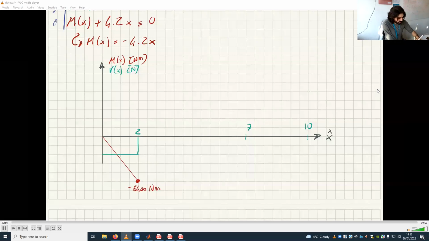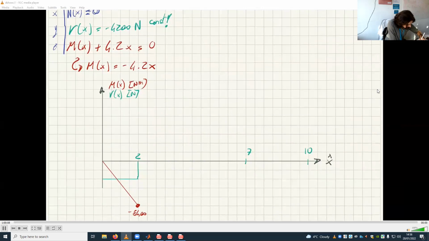We don't need to put it here because the units are already here. Okay, minus 8,400. And this one is, of course, minus 4,200. That's it. We must stop at 2 because that function that we found is only valid between 0 and 2.